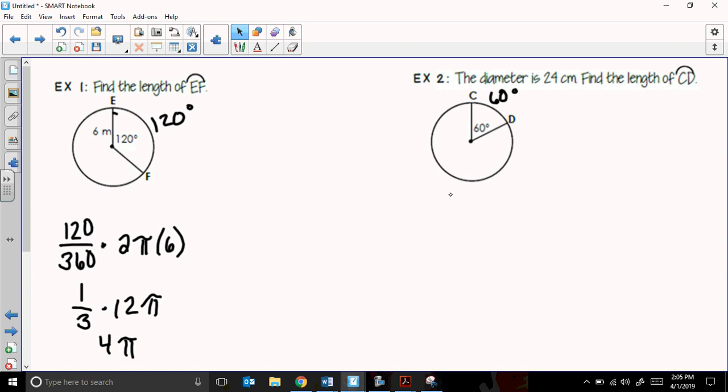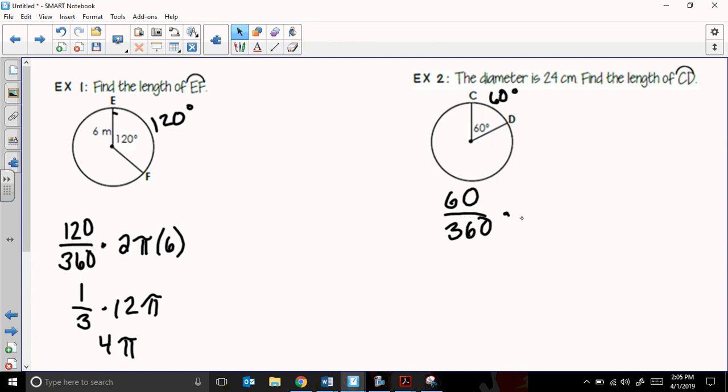So let's go ahead and plug that in. We've got the degree of the arc measure, divided by 360, times the circumference. They didn't give us the circumference, so we can put it into the formula. And remember that circumference is 2 pi r, or it's just pi times the diameter.